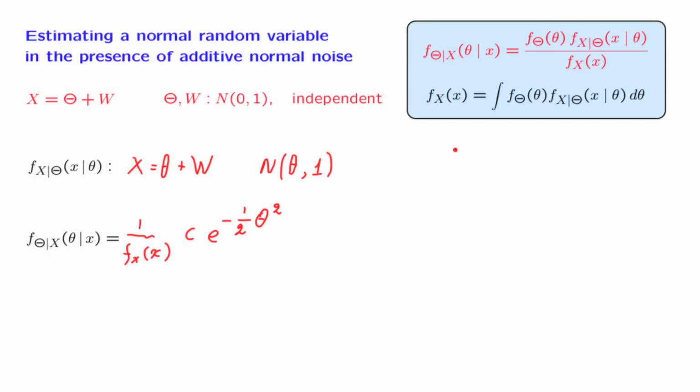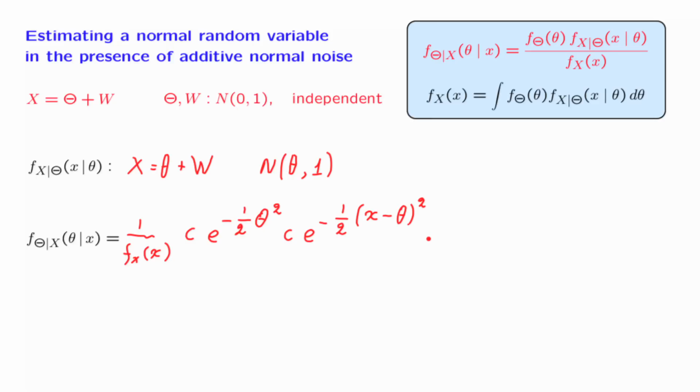And then we have the conditional density of X given theta, which is a normal with these parameters, and therefore takes the form c e to the minus 1/2. It's a density in x, and so up here we have x minus the mean of that density, but the mean is equal to theta, all squared. And this is the final form.